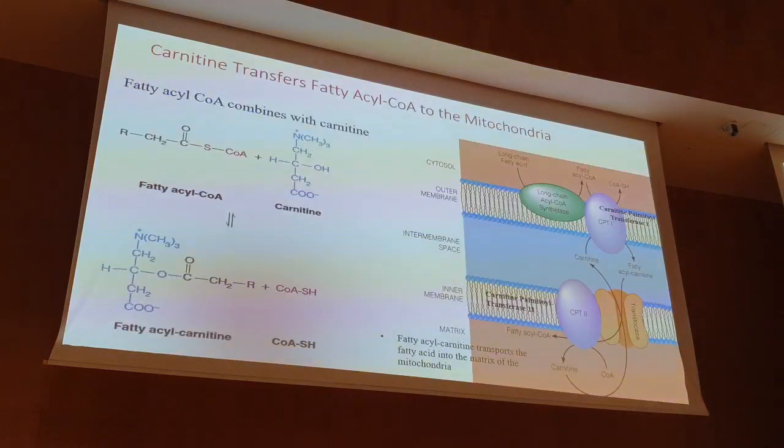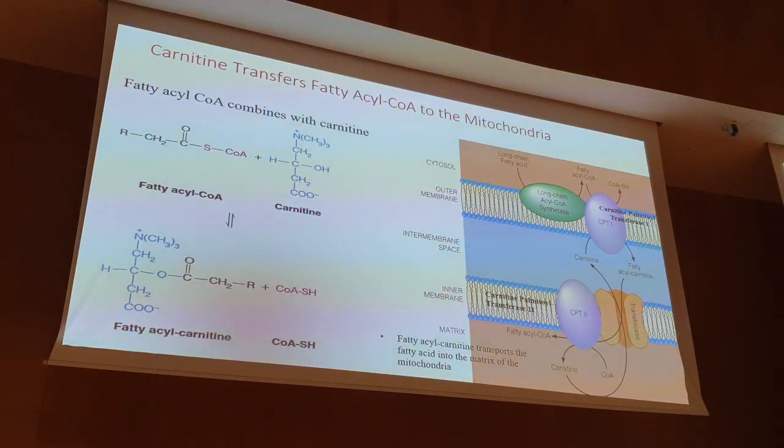Then, I take my fatty acyl-CoA, the bluish purple thing that says CPT1, carnitine palmitoyl transferase 1. Now what is it going to do?